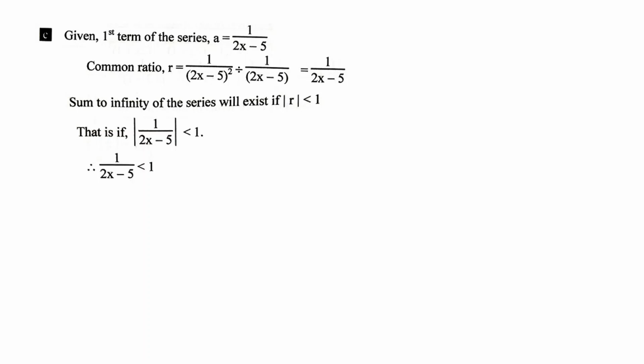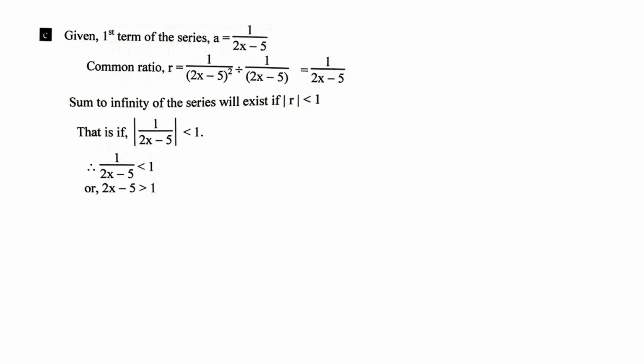Therefore 1/(2x-5) is less than 1, taking the positive part, or by invertendo, if we reverse it, the sign of inequality will be changed. Therefore 1/(2x-5) less than 1 is turned into 2x-5 greater than 1.